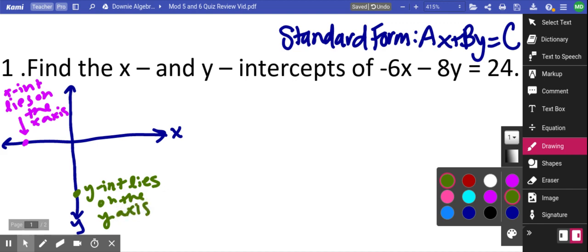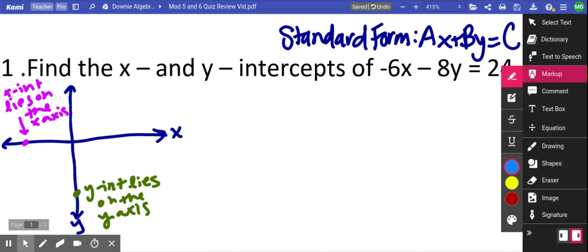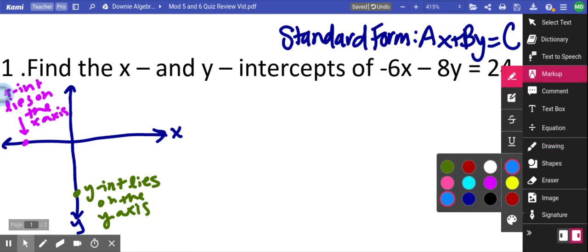Now, what's so special about these points? Well, if I have an x-intercept on my x-axis, that means it's going to lie along my horizontal line.